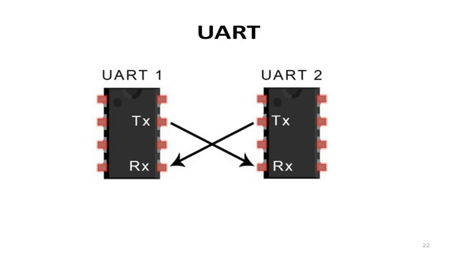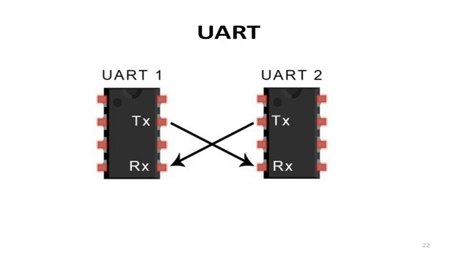So the transmitting UART converts parallel data from a controlling device like a CPU into serial form, and transmits it in serial to the receiving UART.